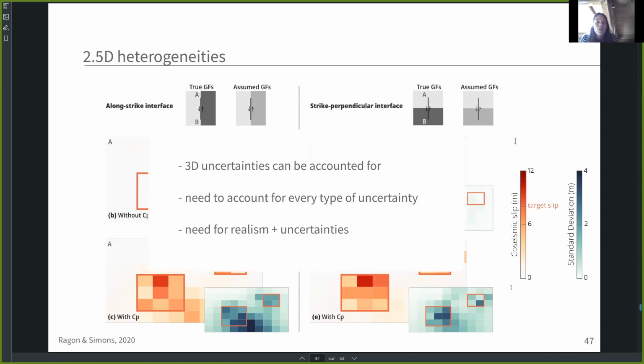So finally, what we showed in this study was that the 3D uncertainties can be accounted for, at least it's working well for very simple cases. We need to account for every type of uncertainty, that's what I was just saying. And what I was just saying before as well is that we really need to account for uncertainties, but also to use very realistic estimates of the crust.